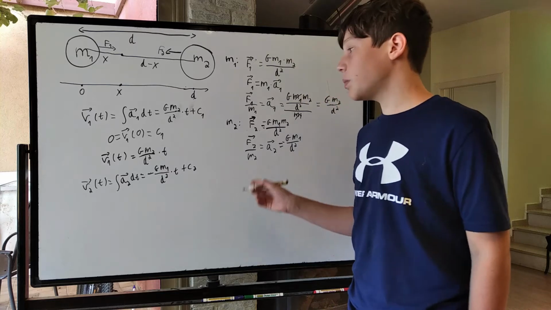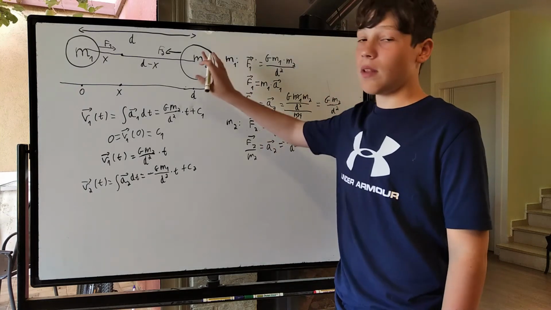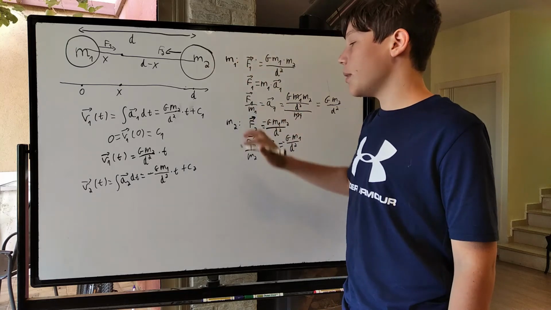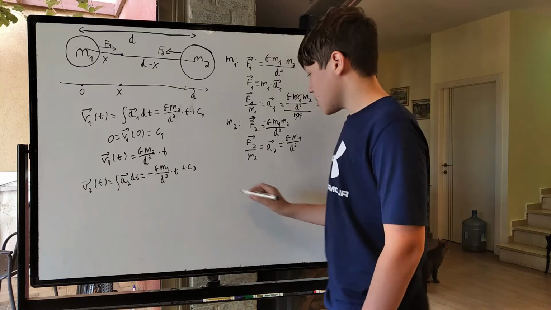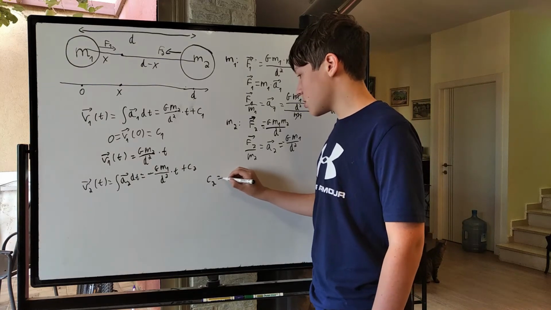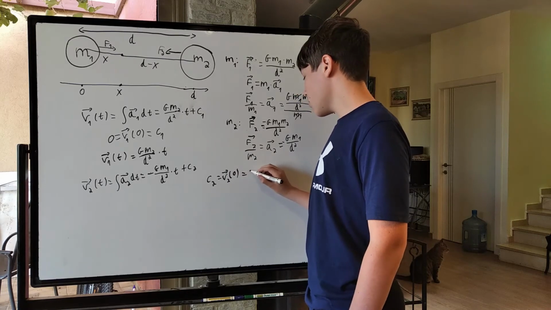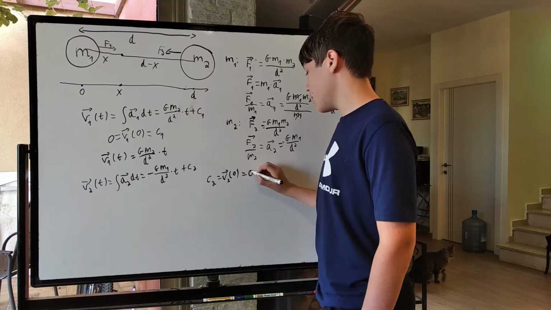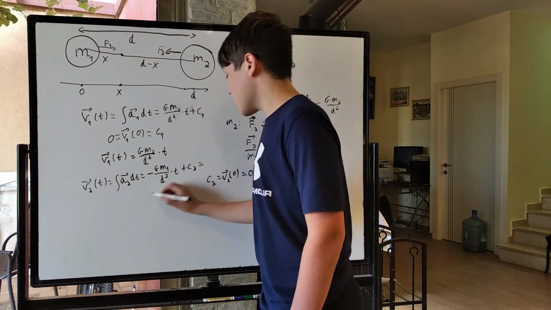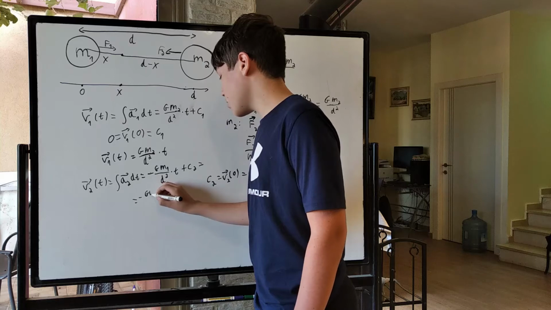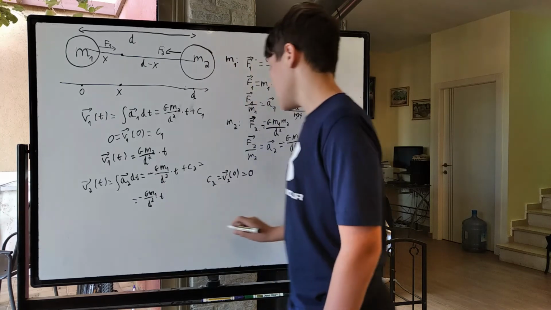But again, when plugging in 0, we know that the initial velocity is 0, meaning that c2 is v2 of 0, which is 0. Meaning that this is just negative gm1 over d squared times t.